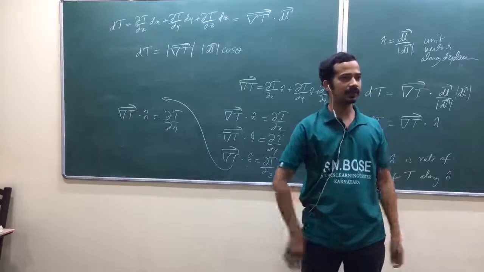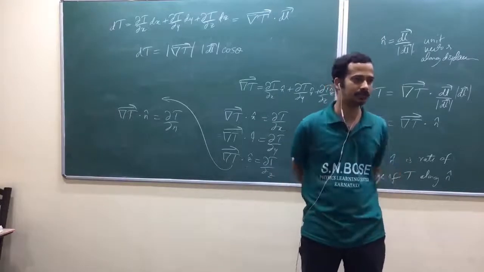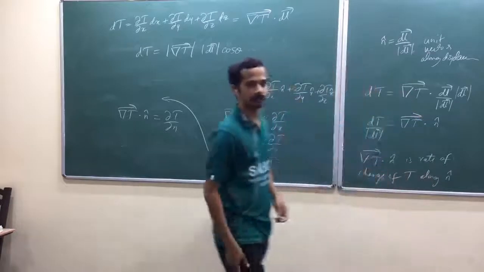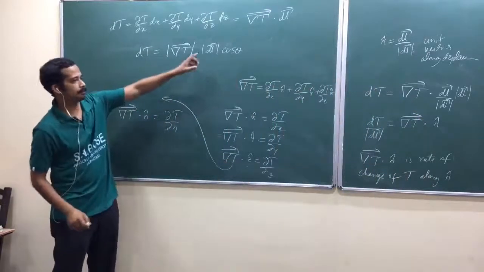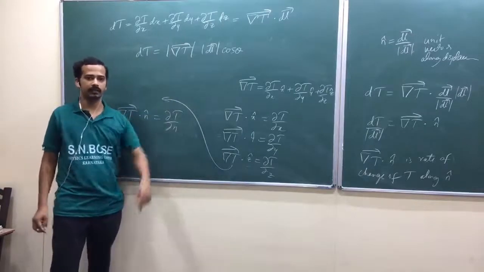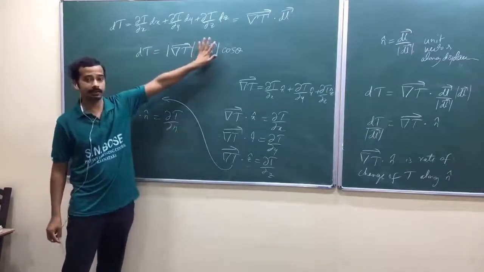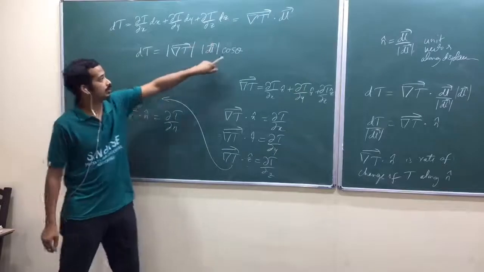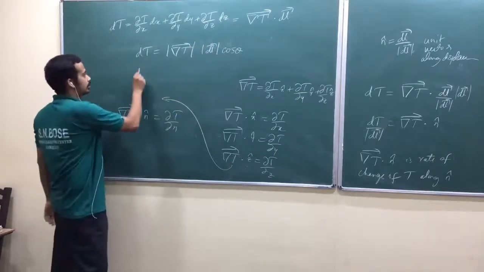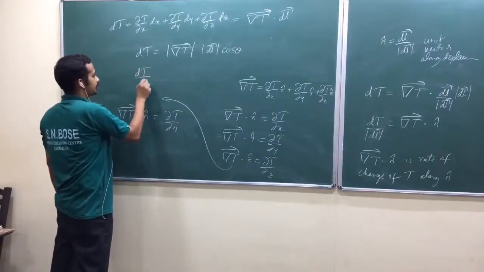Dx will not take different values in different cases; its value is always the same. It is infinitely small, but always the same. So mod dl plays the same role as dx here. It will not change, but theta will change. According to that, dt by dl will change. Look here, dt by dl.